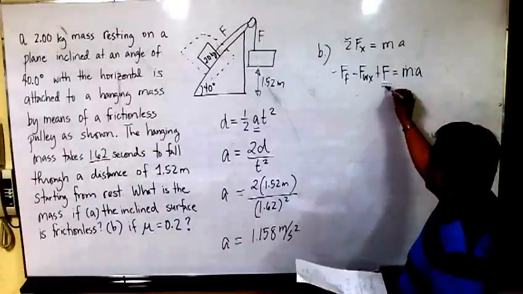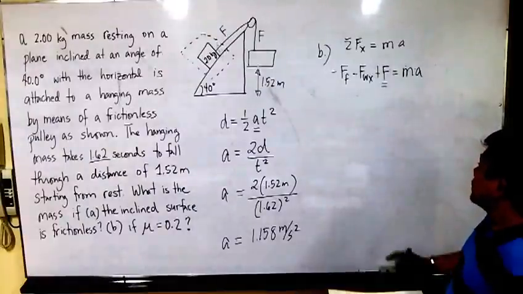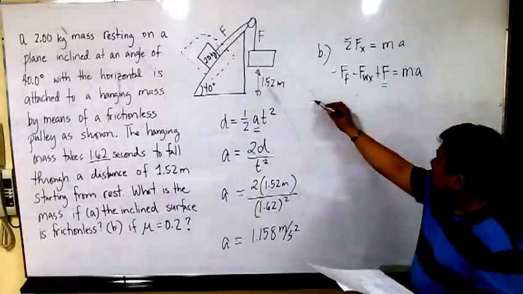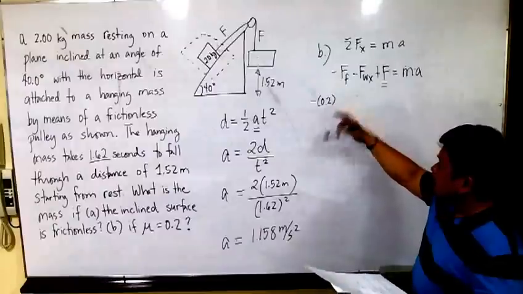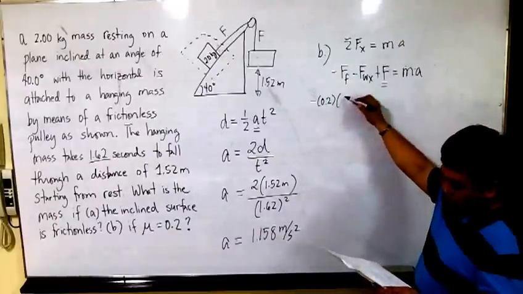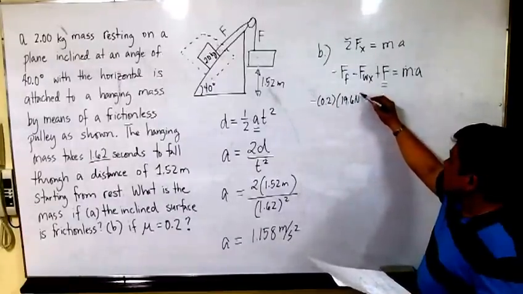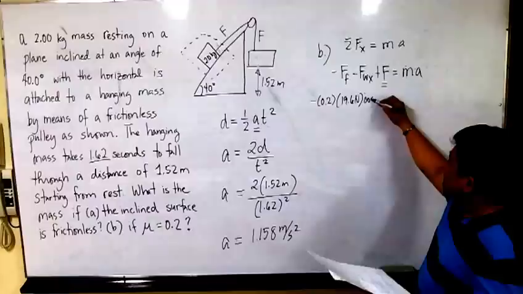So we're solving for this F. Okay. So you have negative 0.2, the given mu, times 19.6 newtons cosine 40.